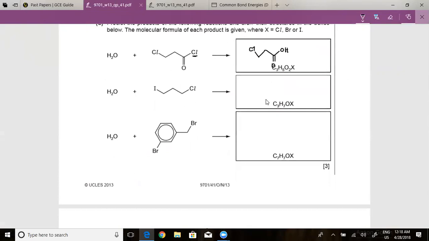Again, Cl won't be cut because the Cl bond energy is more than I, and one of them is still remaining, so this I has to get kicked out. You get OH.